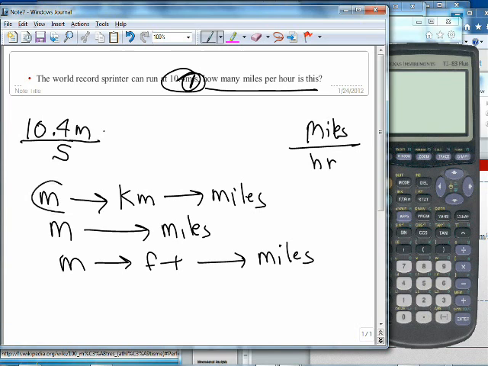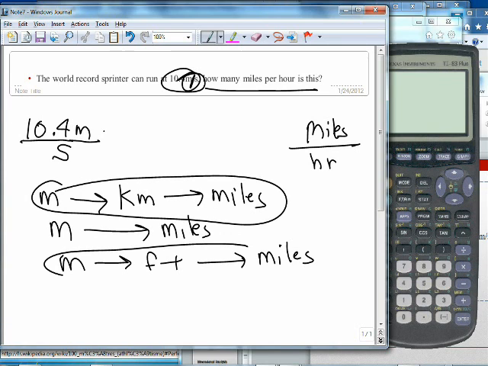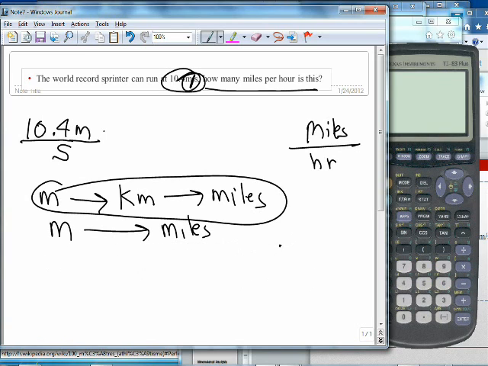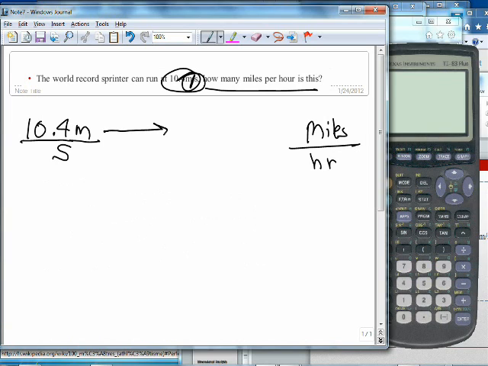Now I know this one right off, and I know this one right off. So let's just do meters to feet to miles on the top.